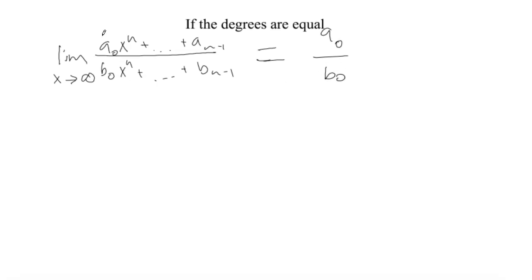So basically you're just dividing the leading coefficient of the numerator by the leading coefficient of the denominator. Highly recommend you prove it, but I'm not going to do it in the video.